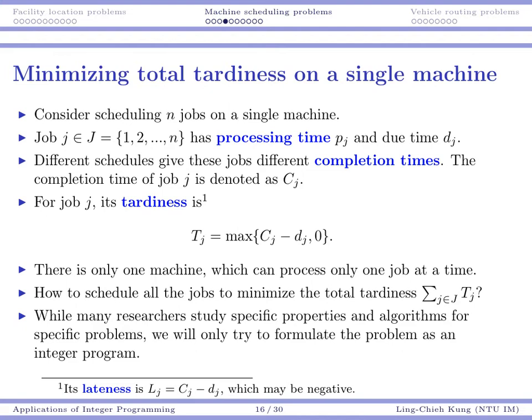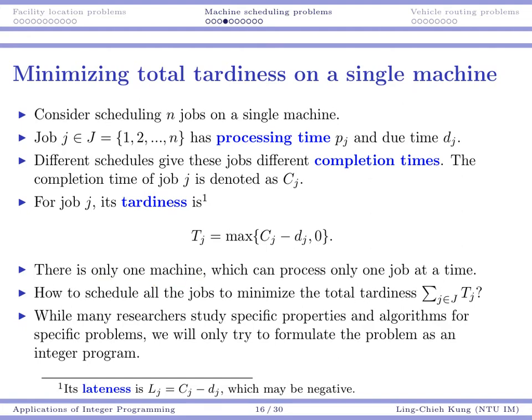Lateness in this field is just the difference between Cj and dj. So that means Cj minus dj may be negative. Okay, if you complete a job right before your due date, then in some sense you are getting some rewards. But when we talk about tardiness, we don't. Okay, as long as you can finish a job in advance, then you just get no penalty, but you don't get any reward.